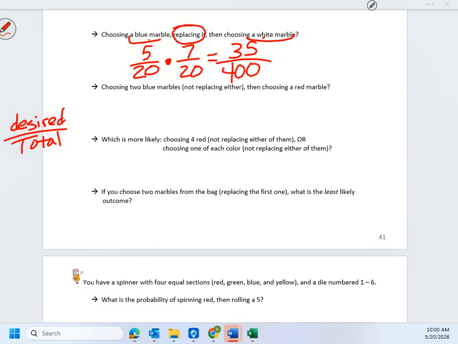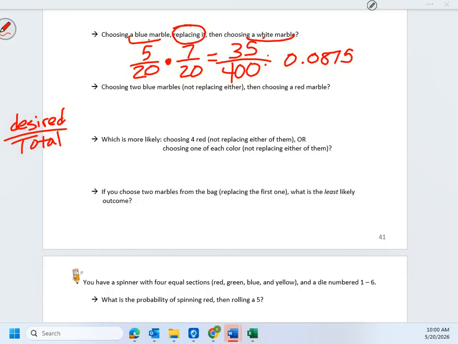Then what did you do? Did you divide 35 by 400? And what did you get? 0 point what? Okay. So that is our decimal.